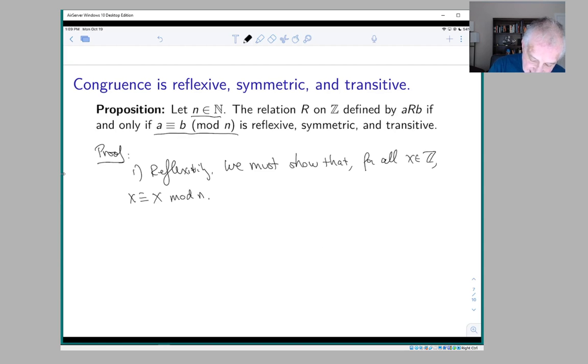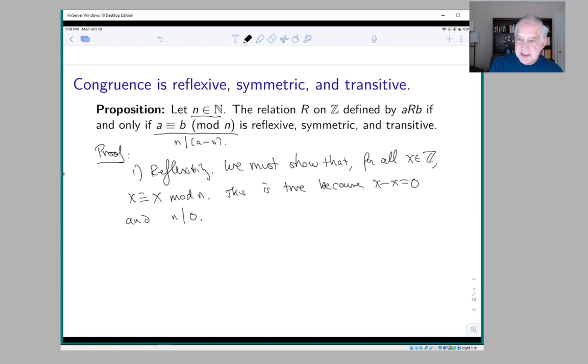This means n divides a minus b. Well, this is true because x minus x is 0 and n divides 0. Because after all, 0 is always n times 0, so n divides 0 for any n.